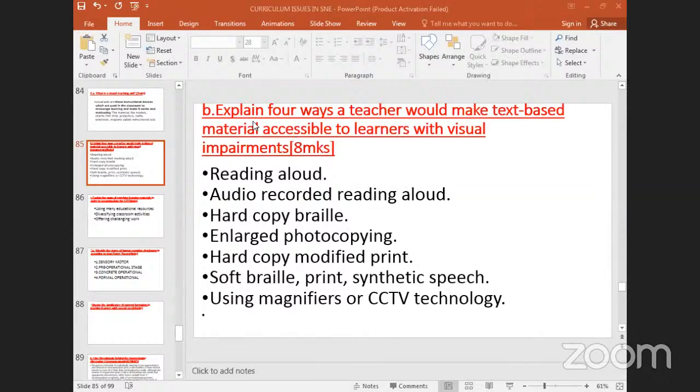Allow me to say something. I did not know that there are some multiple conditions that exist, because I'm used to seeing people who have visual impairments but are able to talk and able to hear. But now I've met a case of a 13-year-old boy who is visually impaired from childhood. He is not able to hear and he is not able to talk.